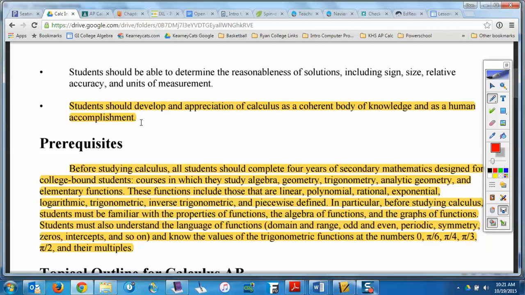And hopefully, even if this isn't why you're taking it, you would have a bit of an attitude that calculus is one of those things that is a pretty cool human accomplishment that I want to know about. It's not going to have anything to do with what job I have, but it's one of those things that I like.